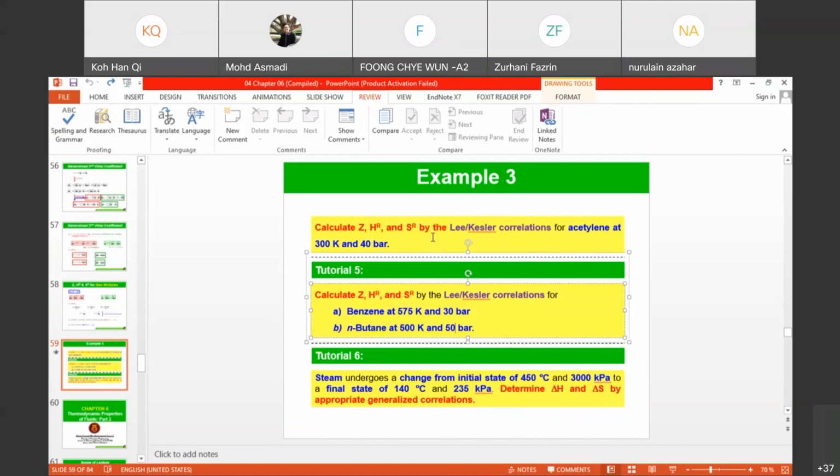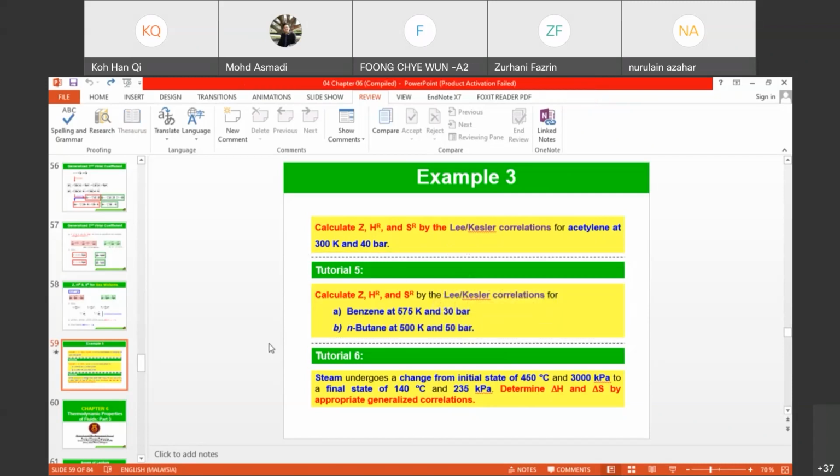Please give me the answer first, for example, HR and SR. Any possible? This one is the same Lee Kessler and also 50 bar, 30 bar, 500 Kelvin.